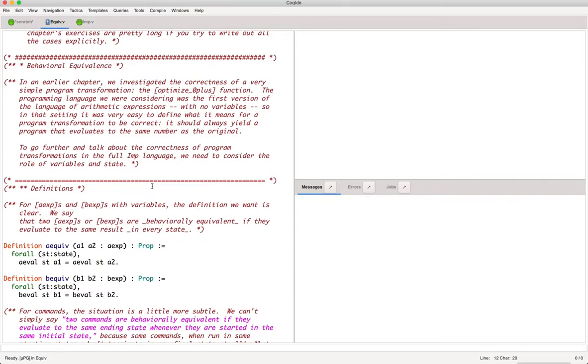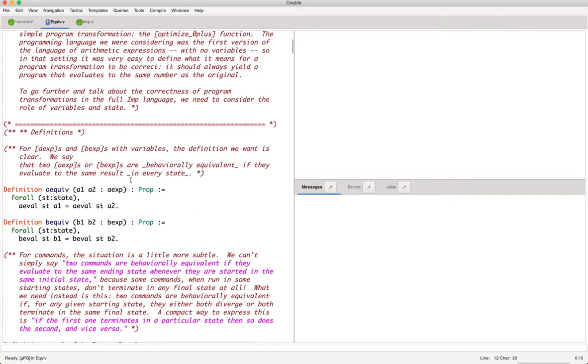The definitions for expressions are pretty straightforward because the semantics, in other words the meaning of an expression in our language here, is that you just pick the state that you were interested in and then you evaluate the expression in that state, and you get a number for an arithmetic expression and you get a Boolean value for a Boolean expression. We say that the two expressions we're comparing are equivalent if we get the same answer for every possible such evaluation.